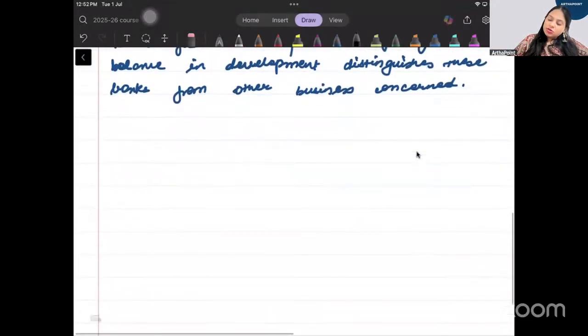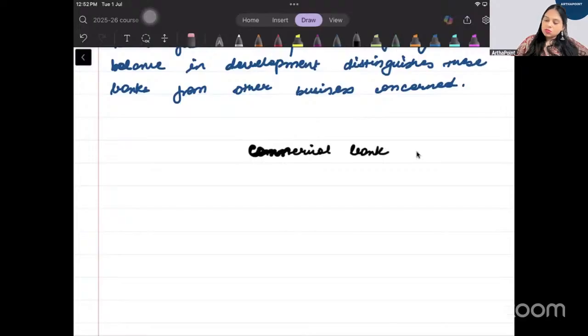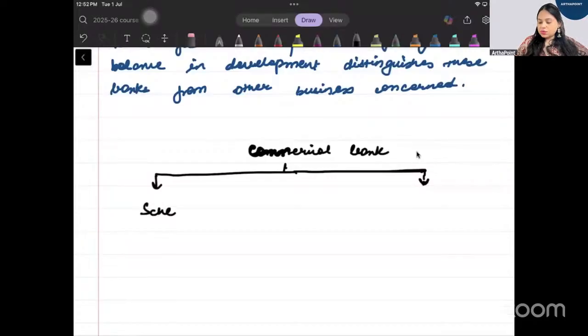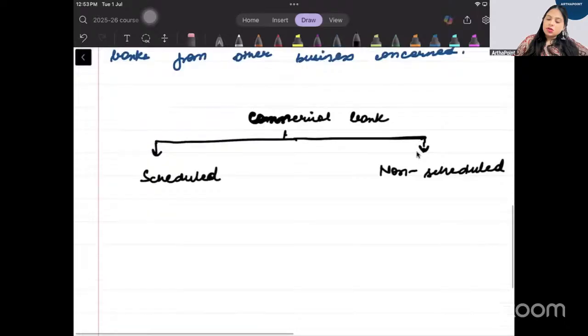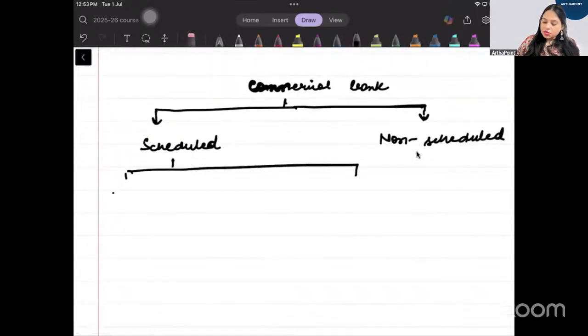Now, when we talk about commercial banks, then you have scheduled, non-scheduled. Here you have private, public, foreign.